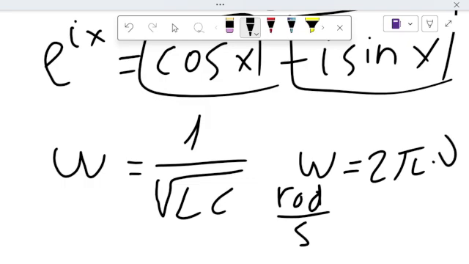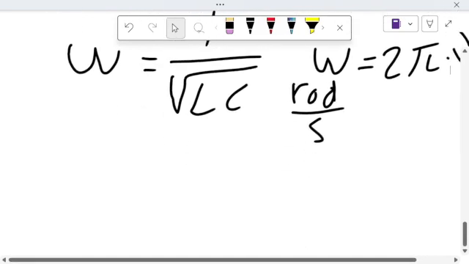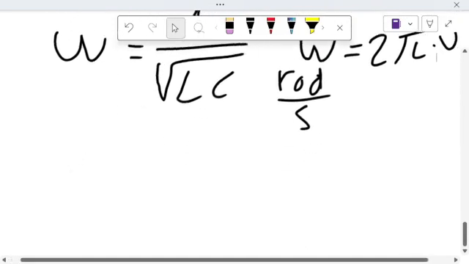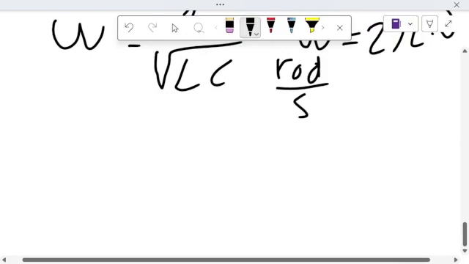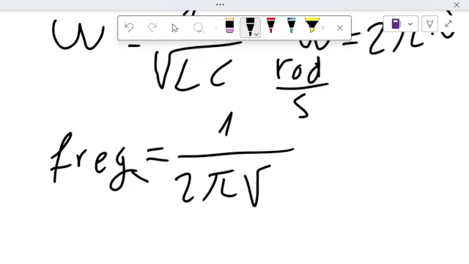So the frequency is 1 divided by 2 pi times the square root of x.